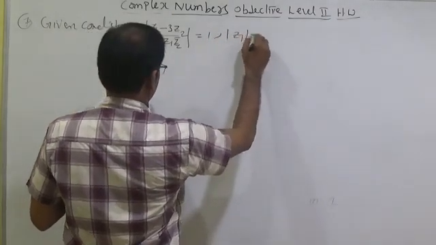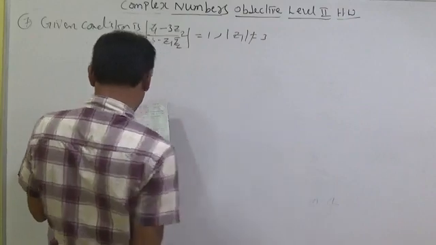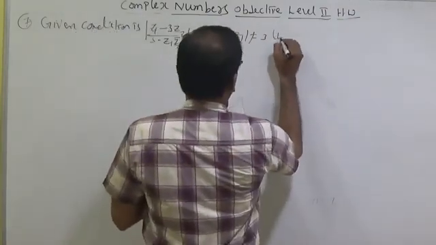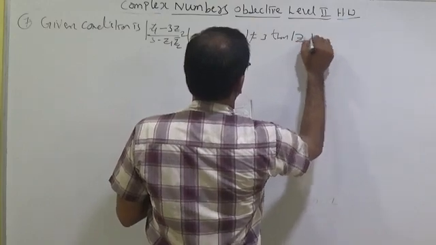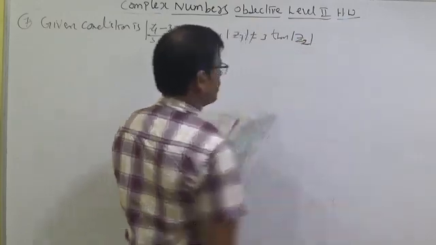Next condition he given: modulus of Z1 not equal to 3. Then what is the value of modulus of Z2?